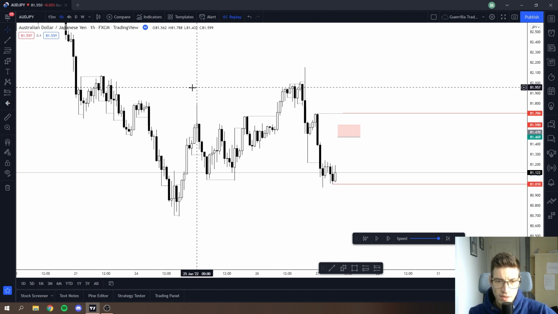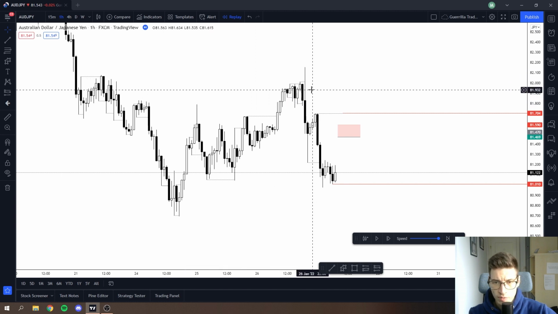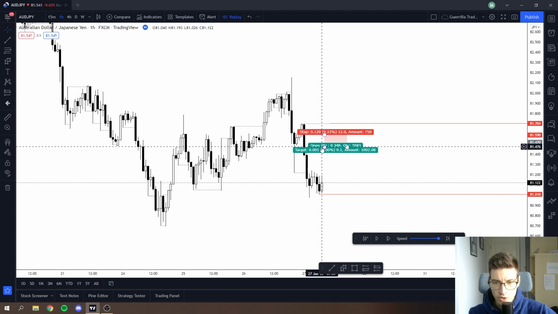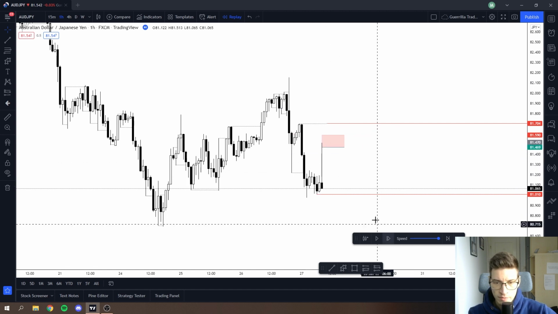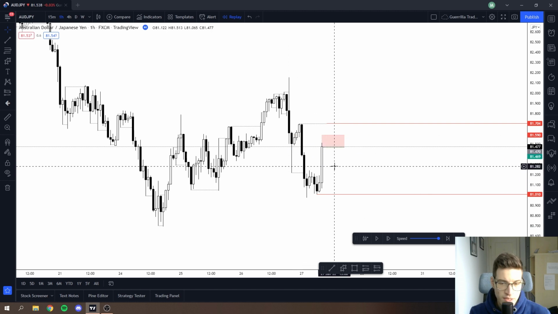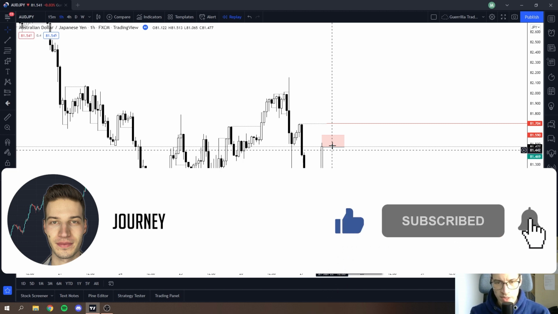So an ascending, taking out people's stops above this range, push, pull back, another push. At this point I was happy to place a pending short order, and I got tagged in with this candle. To me it didn't matter that it was an aggressive candle, because it was still a combo, and as I said, on AJ I really like to take combos, especially when I'm seeing price action that I like prior.